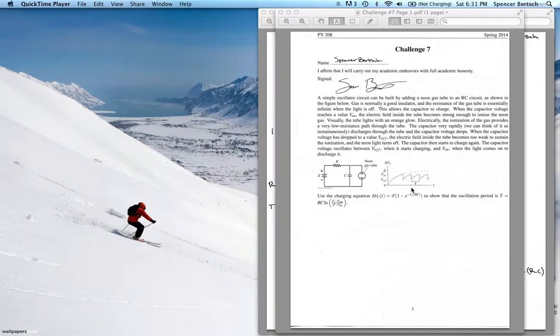An important differentiation that I have to make here is that capital T represents the amount of time that it takes for the capacitor to charge fully and then discharge, and lowercase t represents the x-axis, or any point t on this graph.